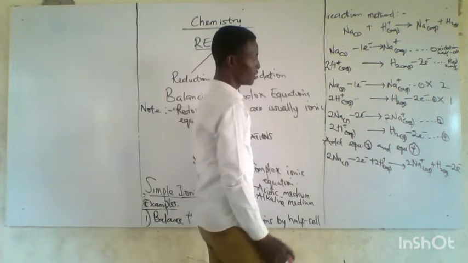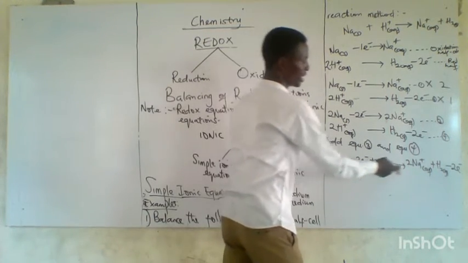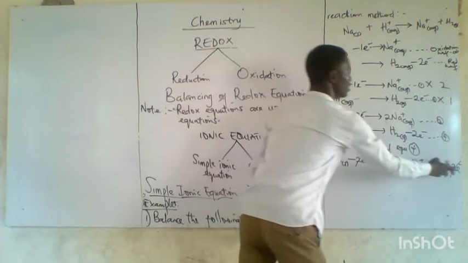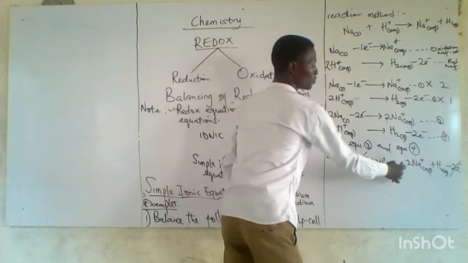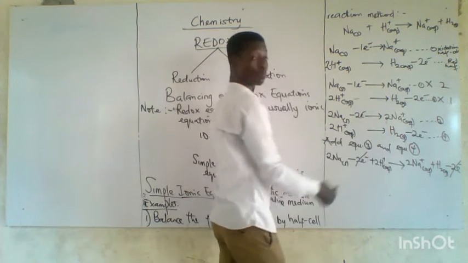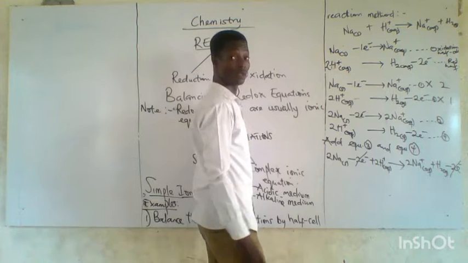Does that make sense? So I will cancel this and this. It's just like you bringing this here. Passing through this arrow will change it to plus, hence it will still cancel. Do you get that now?